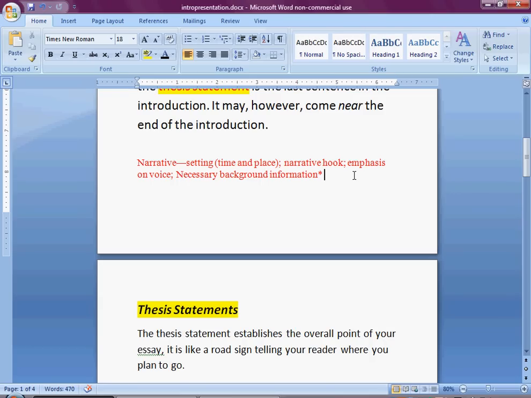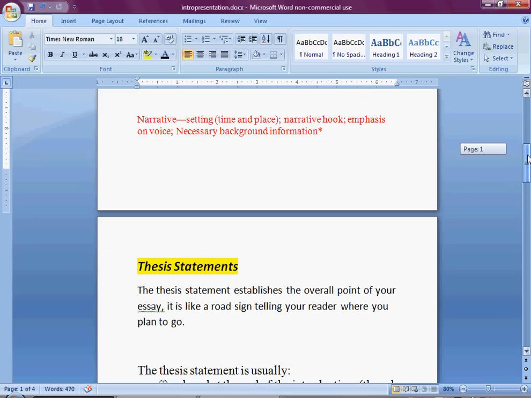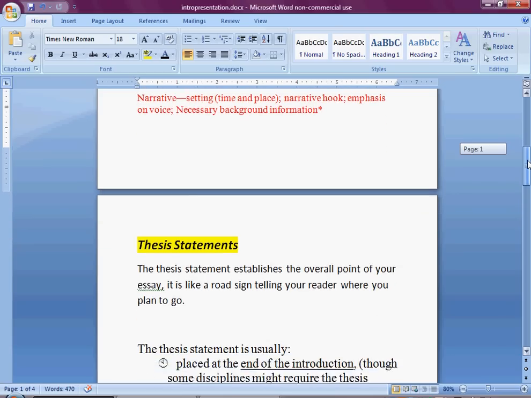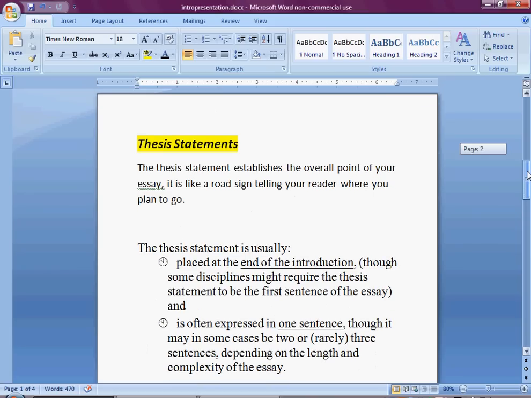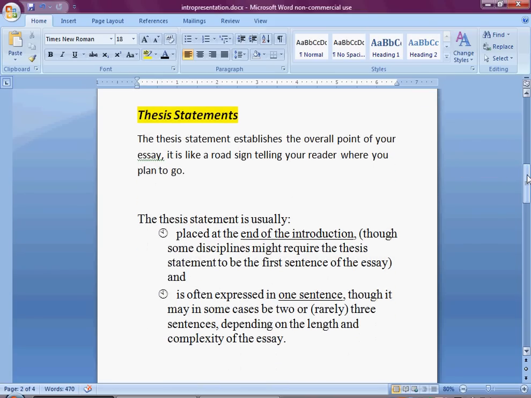So you don't have to cover every bit of background, because some of that can be saved for the rest of your essay, but you'll give some background material in your introduction.